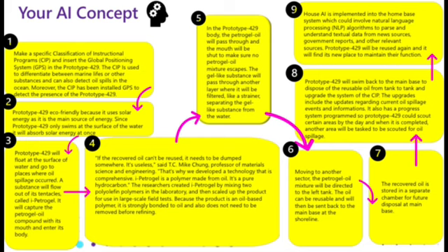How AI is implemented into the home-based system could involve natural language processing algorithms to parse and understand textual data from news sources, government reports, and other relevant sources. Prototype 429 will be reused again and it will find its new place to maintain their function.